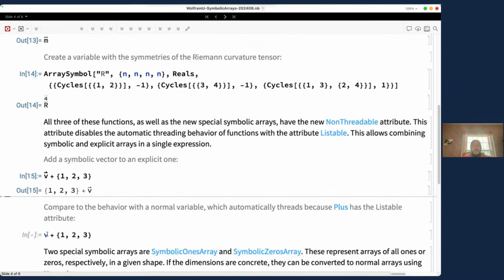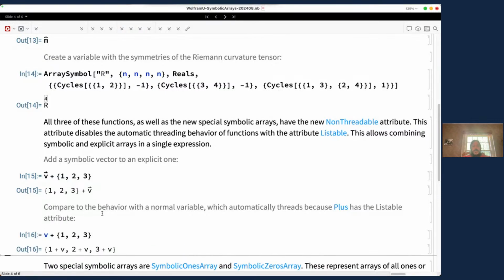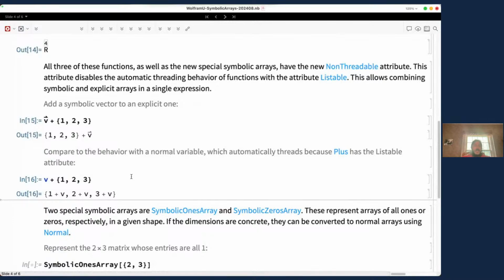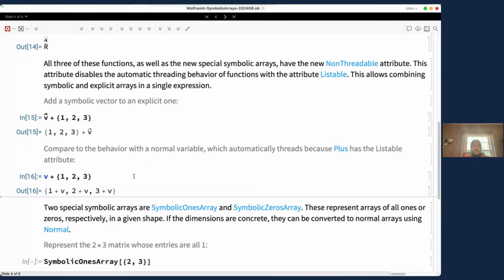Now, if we had just the normal symbol v rather than a vector symbol here, and we added it to the list 1, 2, 3, we'd have the automatic threading over plus, and we'd get 1 plus v, 2 plus v, 3 plus v. That's clearly the wrong answer if v is representing a vector. And so this new non-threadable attribute allows us to get around this. And like I said, you can set this on your own symbols if you want to use the assumption space mechanism or for whatever other purpose.